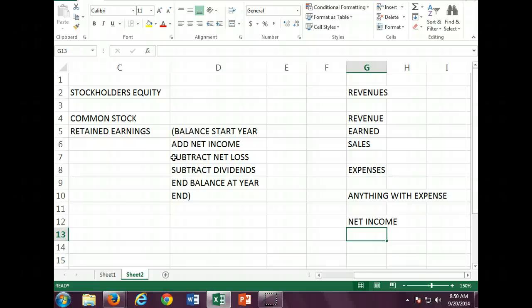So a way we can think of it is any revenues increase our stockholders' equity. Any expenses are going to be like a dividend; they decrease our stockholders' equity. So the income statement is part of the stockholders' equity section, which ultimately is part of the balance sheet. Does that make sense? Hold on to this cheat sheet, because we're going to build on it.